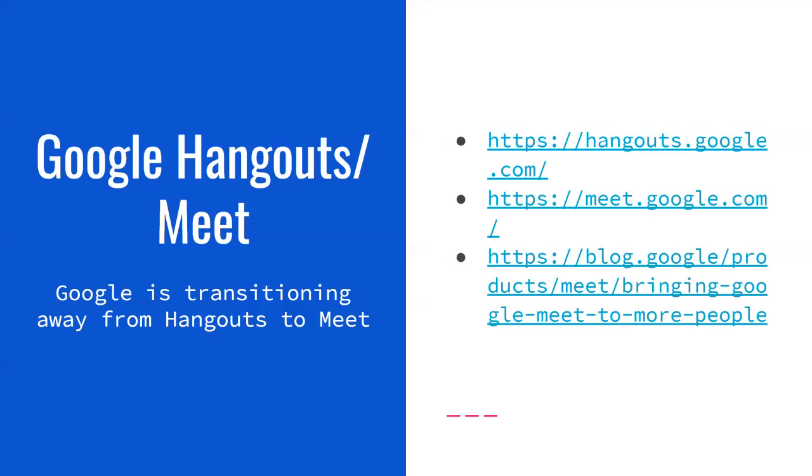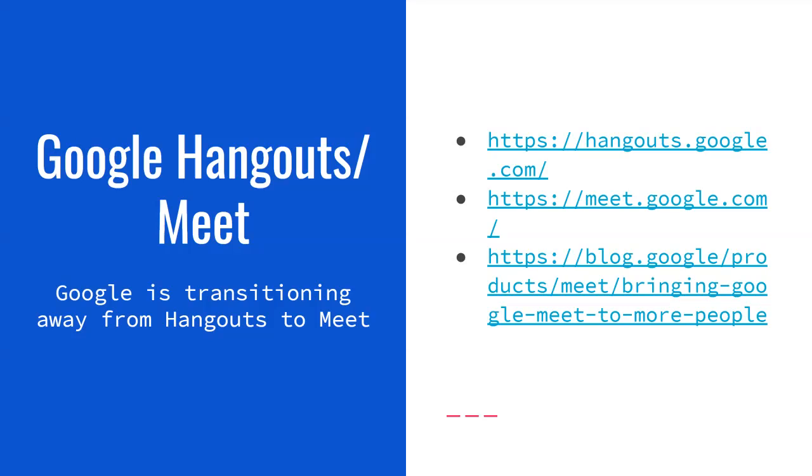Google is transitioning away from Hangouts, and they are promoting Meet. Google Meet used to be only available on their paid accounts, but now you can use it for free, primarily because they realized how much market share Zoom was getting, and they freaked out.